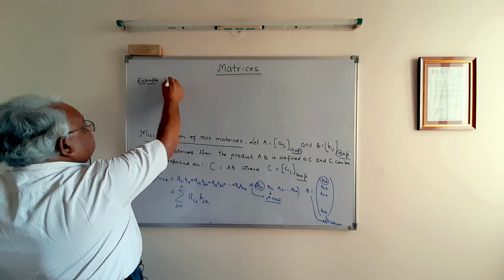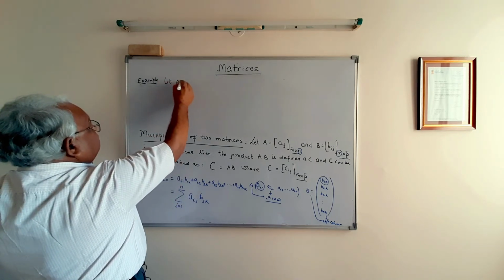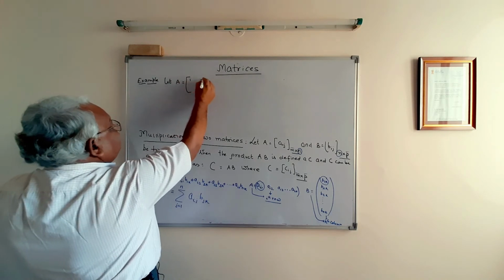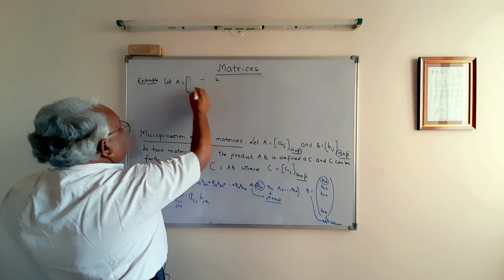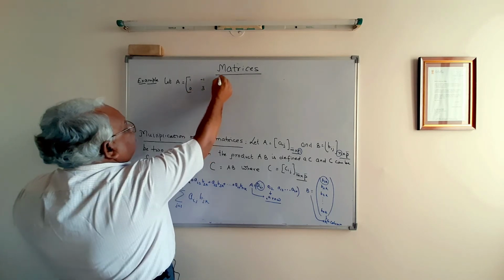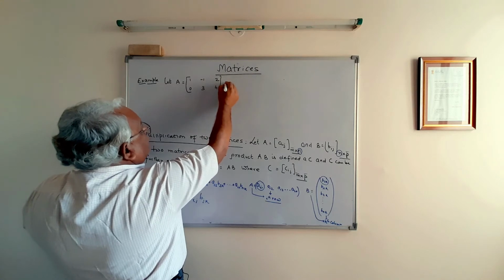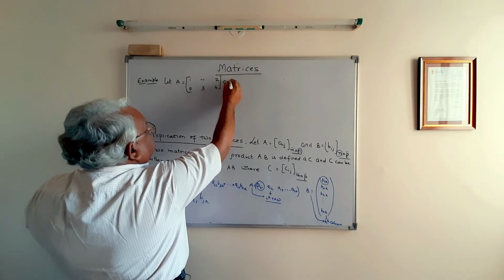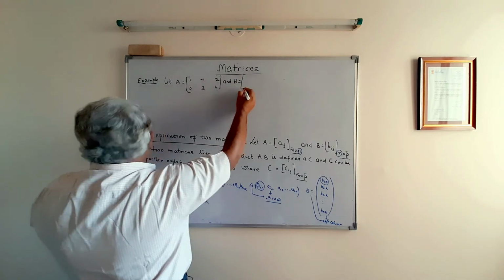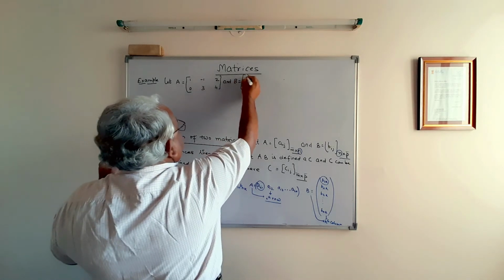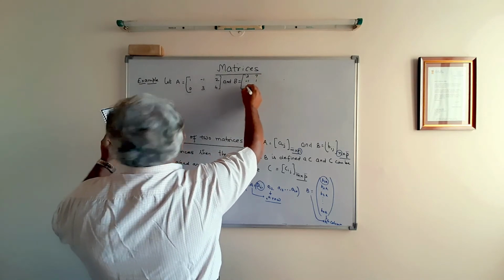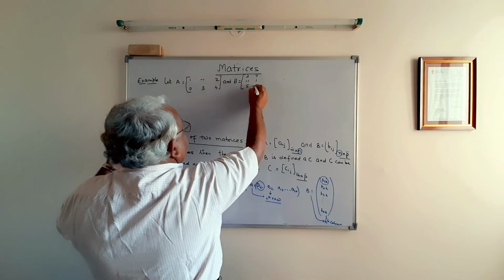Let A be the matrix 1, -1, 2, 0, 3, 4 and B be the matrix 2, 7, -1, 1, 5.